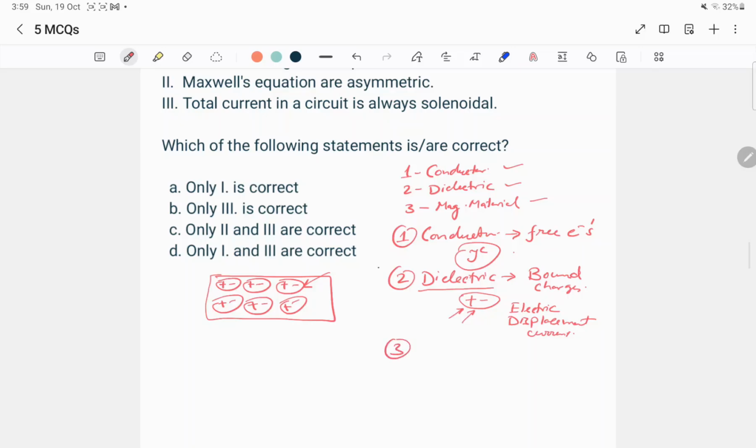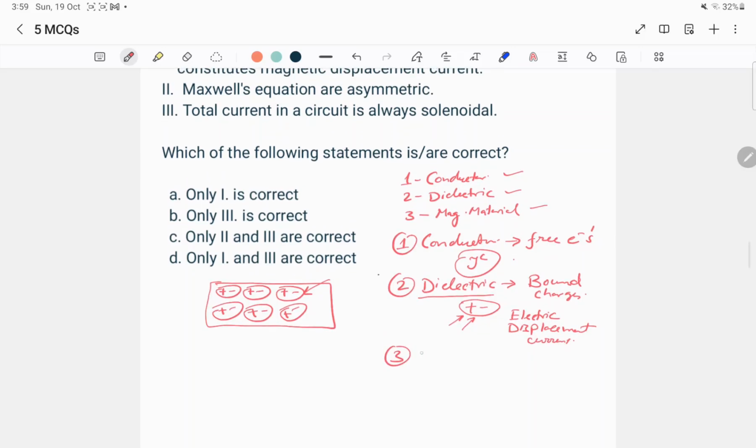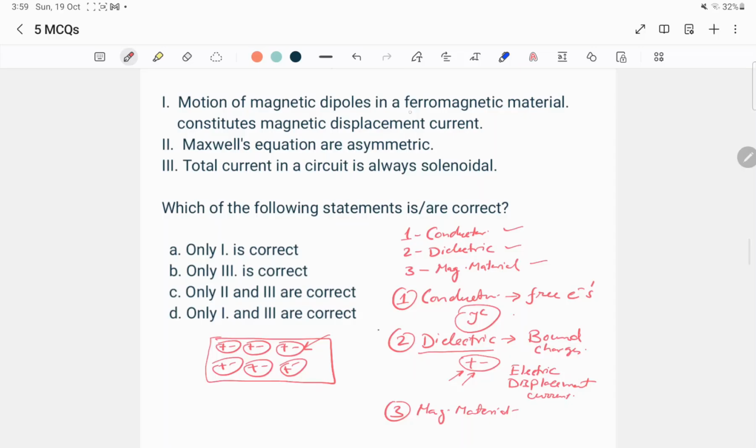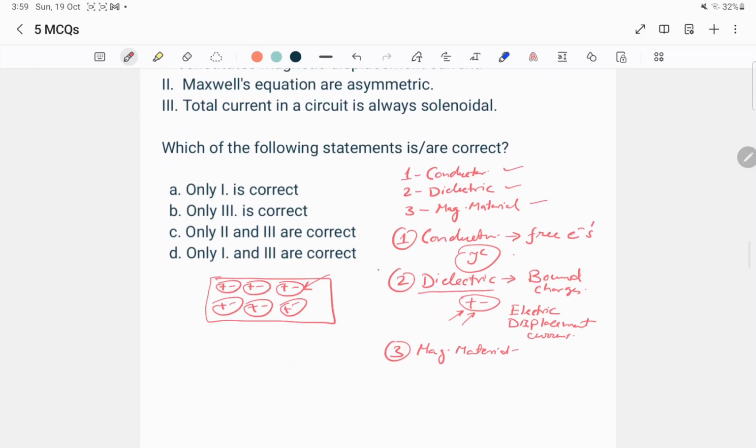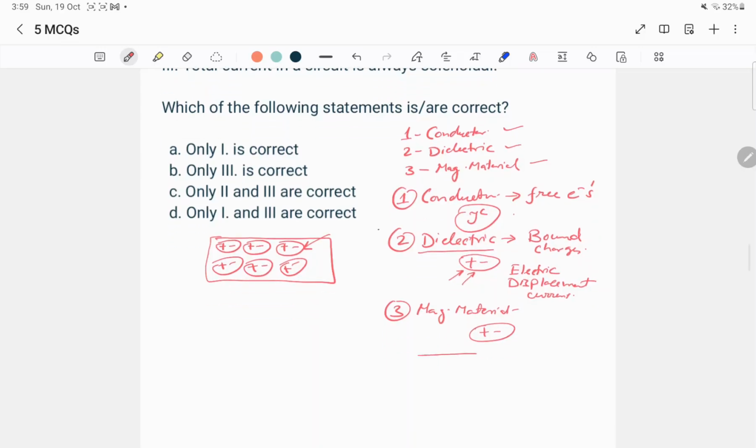Okay, in the third case, where we have a magnetic material such as a ferromagnetic material, in the statement it has been given that there is motion of magnetic dipoles in a ferromagnetic material. So in a ferromagnetic material, again we have bound charges, that is plus and minus, but these are magnetic charges, magnetic dipoles. So again plus minus, plus minus, plus minus.